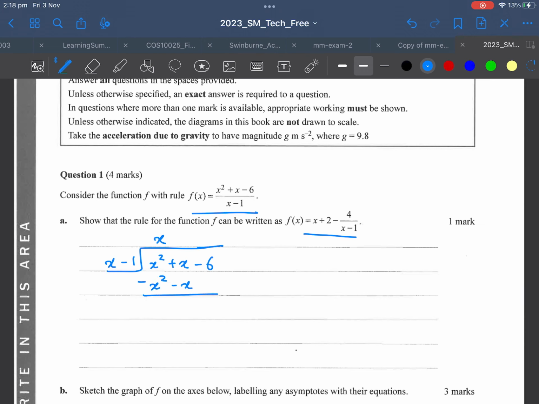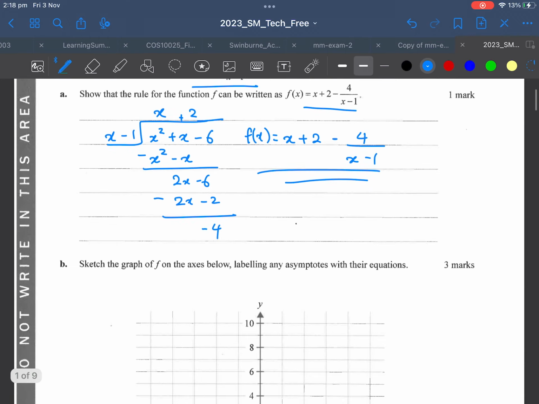So we become 2x minus 6, so plus 2, 2x minus 2, and this will give us minus 4. So that would mean that we get x plus 2 minus 4 on x minus 1 as our f of x. So there you go, that's how you do this.